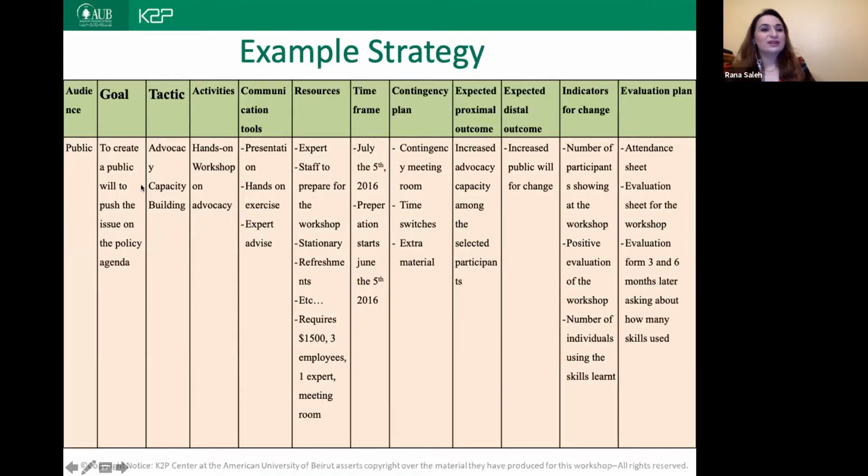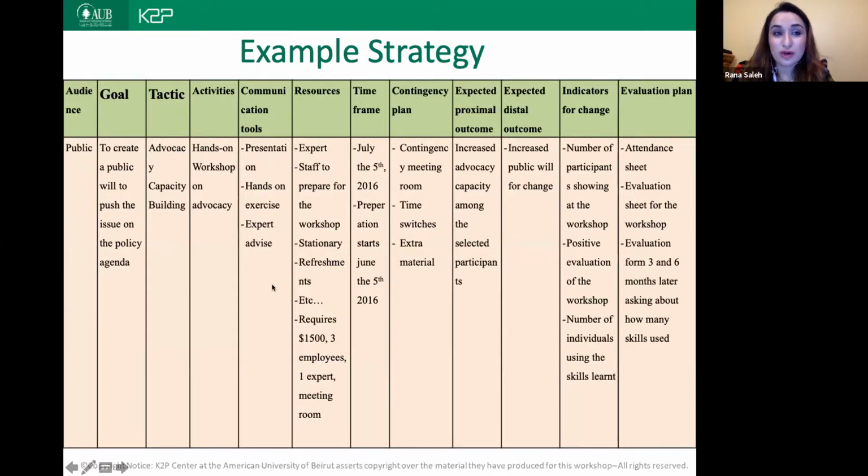This is only one example of what a strategy would look like, for the example of having a workshop for the public on building their advocacy capacity. Here the goal is to create the public will. The tactic is building their advocacy capacity. The activity is having a workshop for that. What are the communication tools?